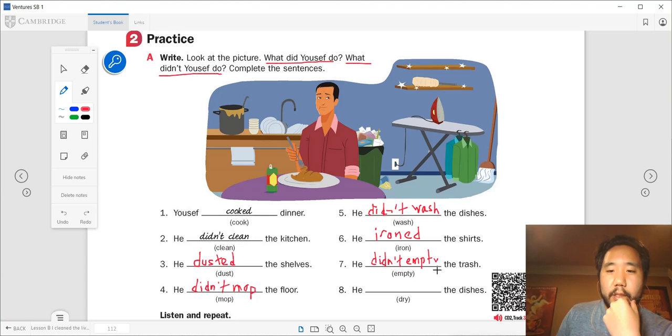He didn't empty the trash. Finally, number 8, he blanked the dishes. So if he didn't wash the dishes, then he didn't dry the dishes either. So we say didn't.